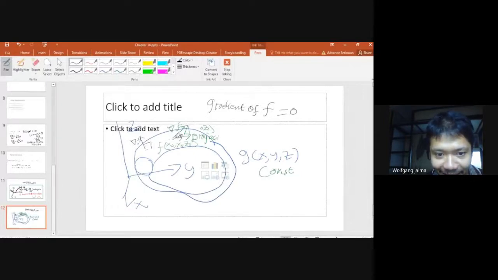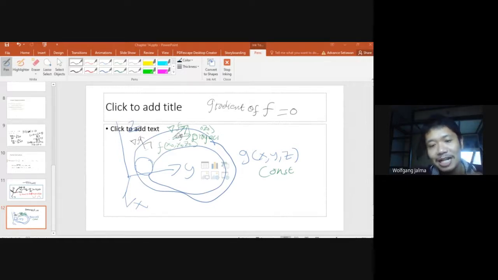Understand? Do you guys understand? So before, we want the gradient 0, which is basically it stays flat. Now what does it mean? It means the gradient equals 0.